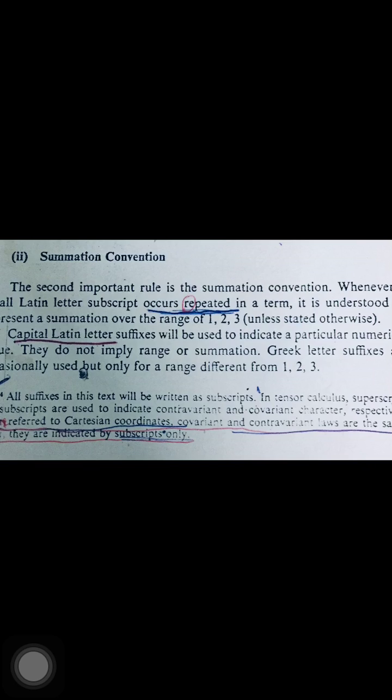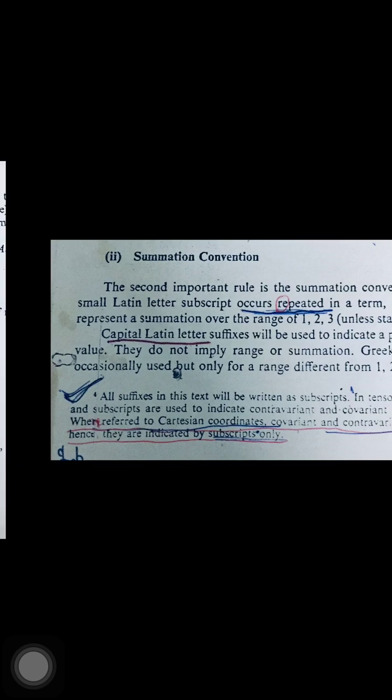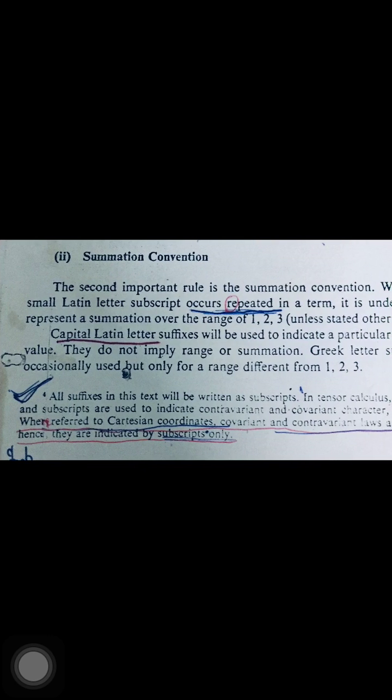So you have contravariant tensor, covariant tensor, or mixed tensor. But whenever we refer to a Cartesian tensor, we have a lower subscript only. Okay, this is the notation of a Cartesian tensor. In place of covariant or contravariant, we have only one kind of index, that is the lower subscript. So this is the simple representation of a tensor, and the rules of addition and subtraction are the same as we studied earlier.